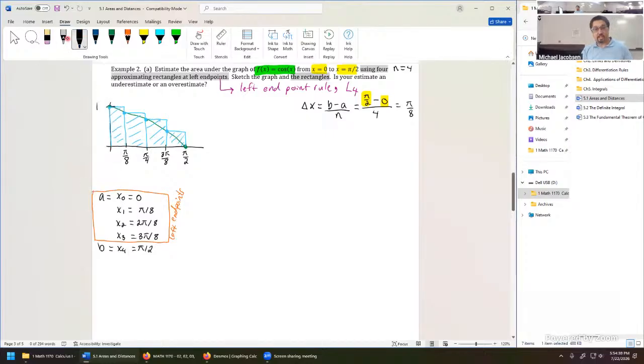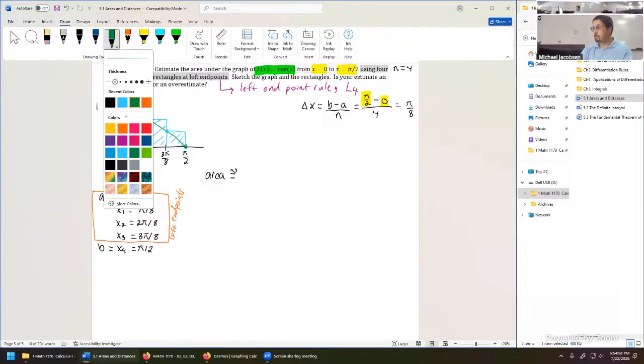And finally, we put this all together and we're ready to calculate the area. So we can now say area. It's the area under the graph of cosine x. We'll just say area for short. We're using the left endpoint rule, L4. So I'll write here that it is going to be approximately equal to L4.